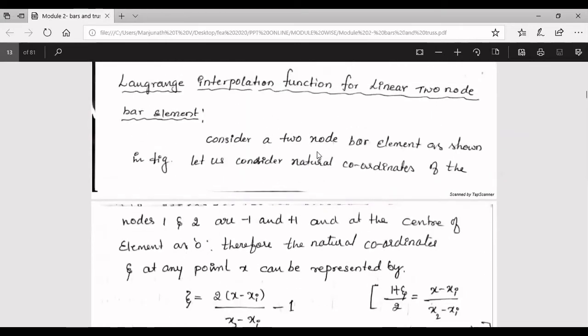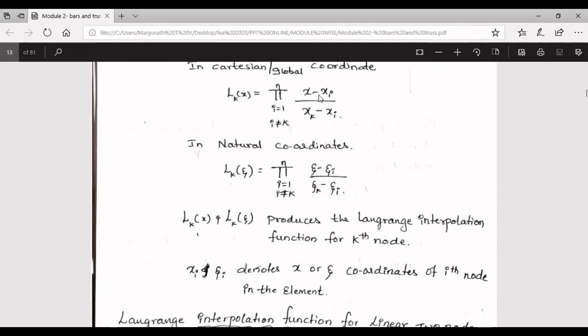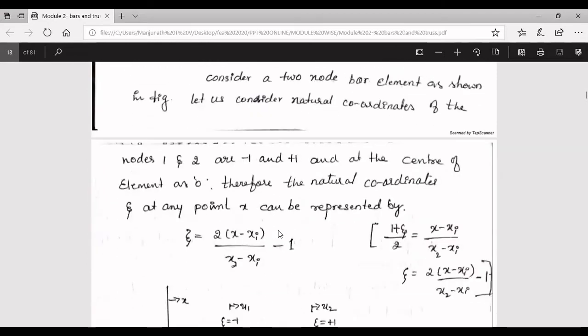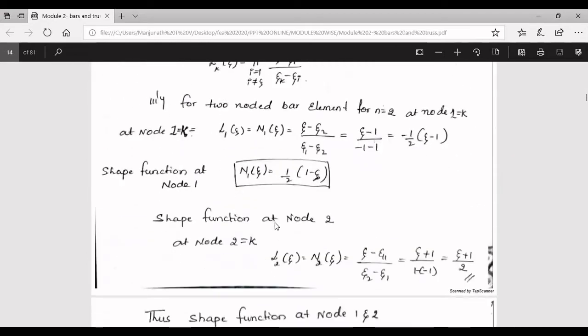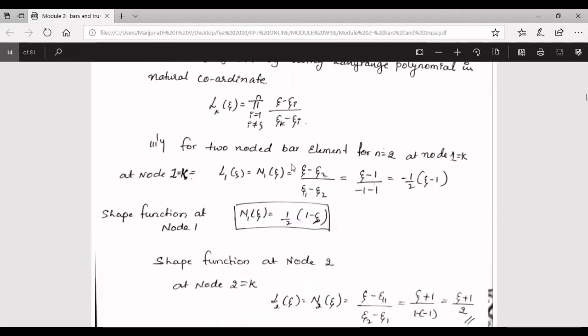We can also find it by using this equation in the global coordinate system for the two-noded element. For the two-noded element, n becomes 2 because there are two nodes. At the kth node we need to find the shape function, so k will be equal to 1. By using this equation, L1 of zeta is equal to N1 of zeta, the shape function.